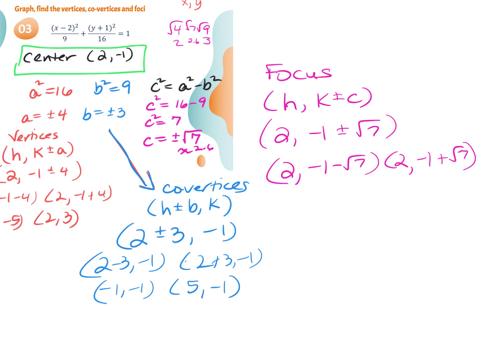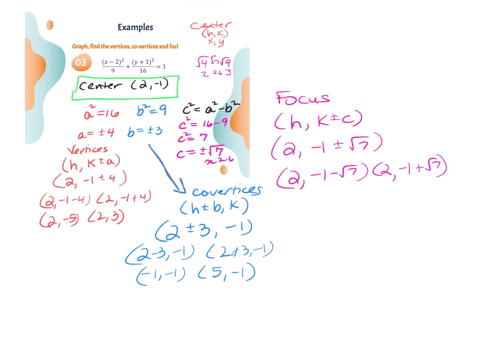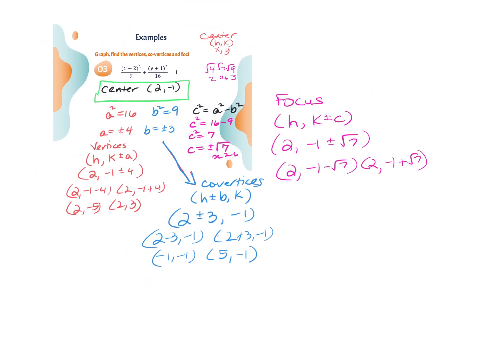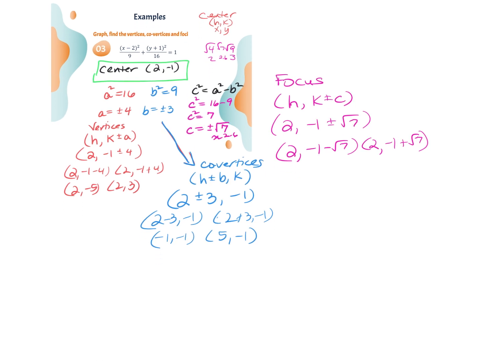So now let's graph all of this. Now that we found the two vertices, the two co-vertices, the two focus points, and the center, let's graph it. So again, make your coordinate plane, and let's go ahead and graph these.